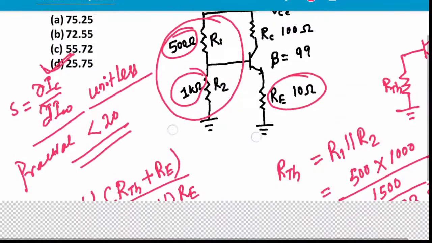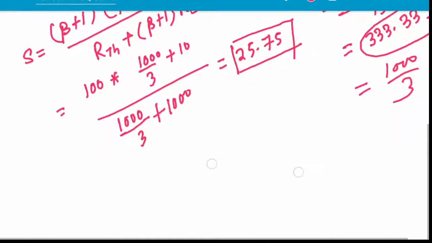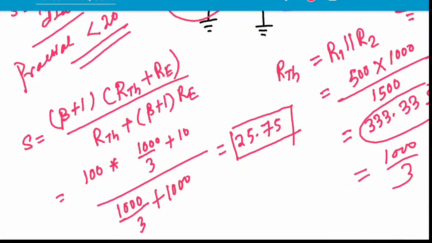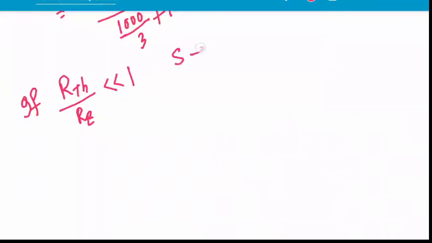And I want to say something more about this. If RTH by RE is much smaller than 1, then what will happen? In the formula, if RTH by RE is much smaller than 1, S will tend to 1.